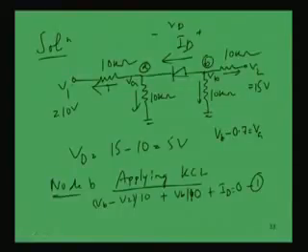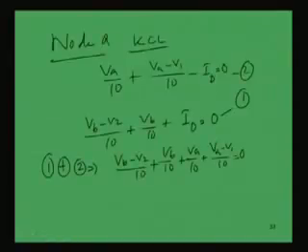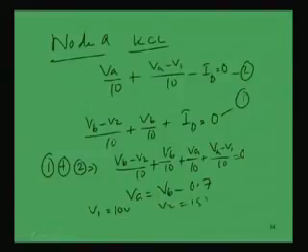So we can replace VA in terms of VB minus 0.7, using the constant voltage drop model, and we also know that V1 is equal to 10 volt, V2 is equal to 15 volt. If I substitute all this in the equation, I can solve it.